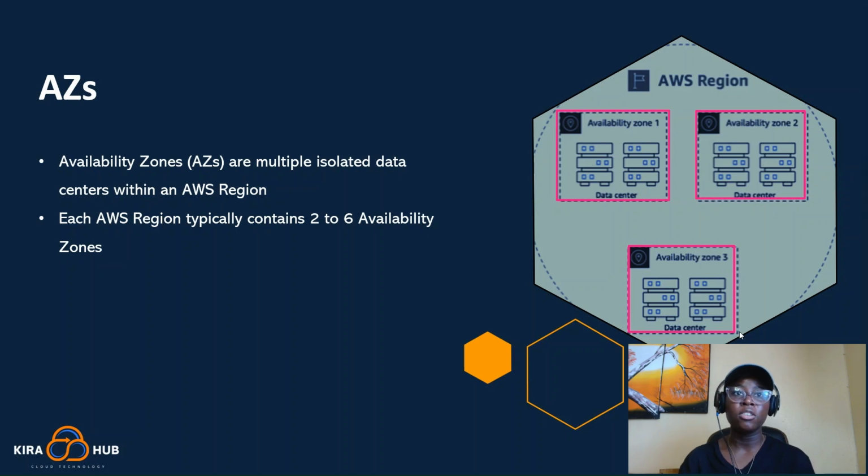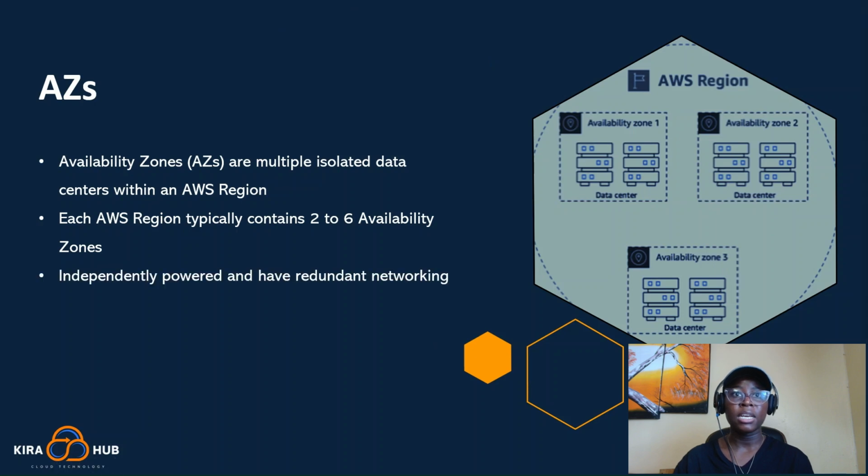So high availability of AWS resources. All these availability zones are independently powered and have a redundant networking aspect. They have redundant power, redundant networking, and redundant connectivity in an AWS region, which we'll see what a region is.